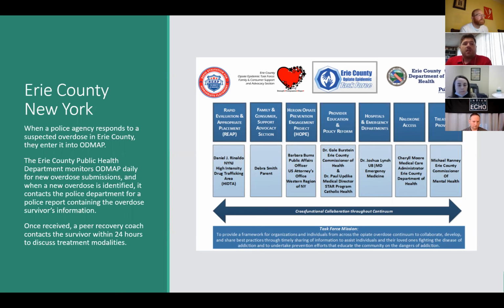Once received, a peer recovery coach contacts the survivor within 24 hours to discuss treatment modalities. So they're kind of using it to help the overdoses get treatment there. So that's good.